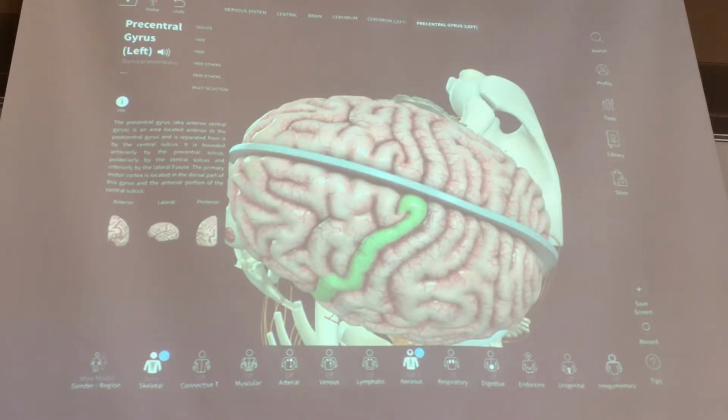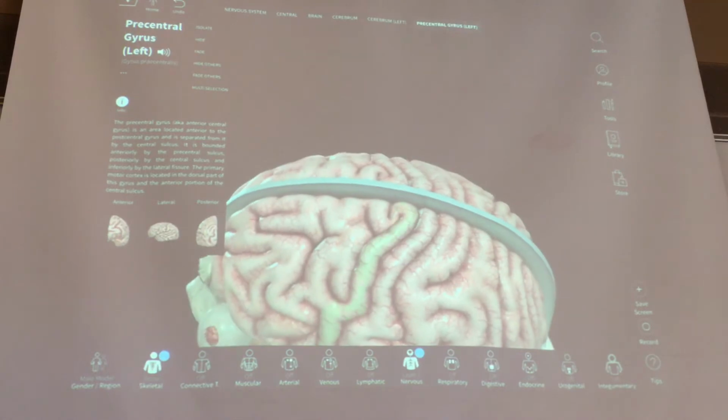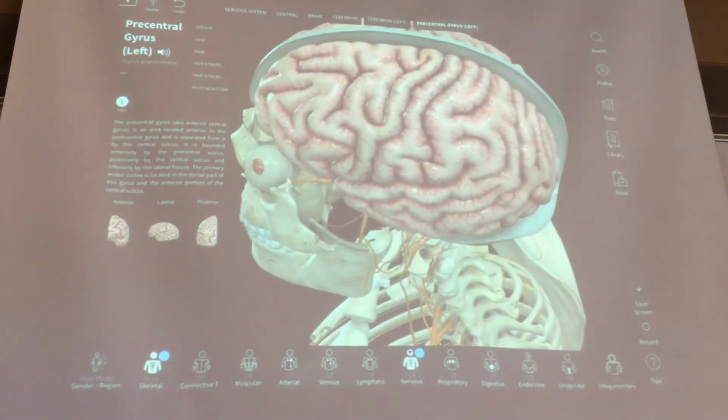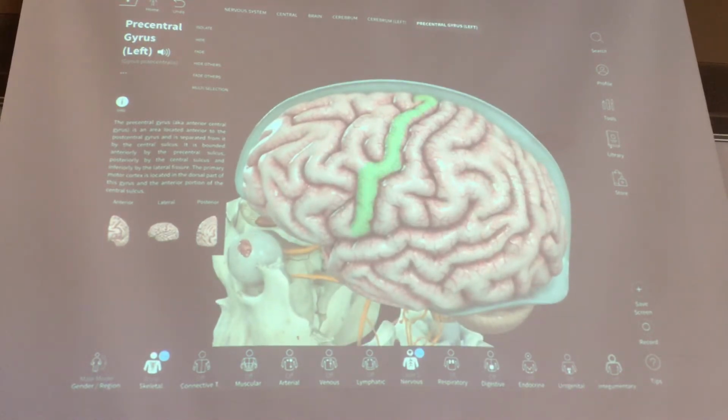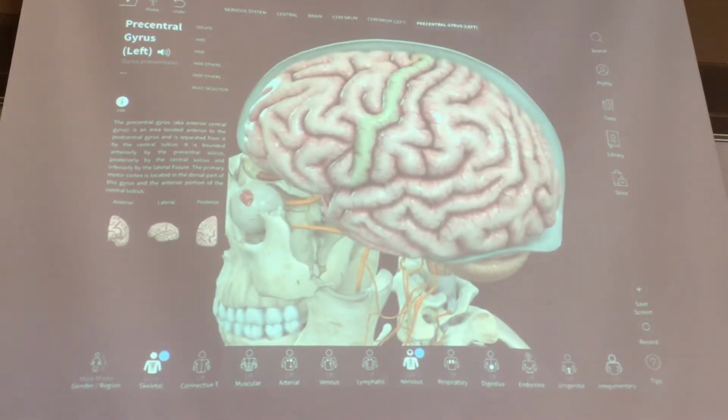So there's another prominent sulcus. If I were to turn and look at the brain on the side, get this oriented. There's another prominent sulcus right here called the lateral sulcus. And you can find this because it's actually going perpendicular to all the other sulci that are above it.